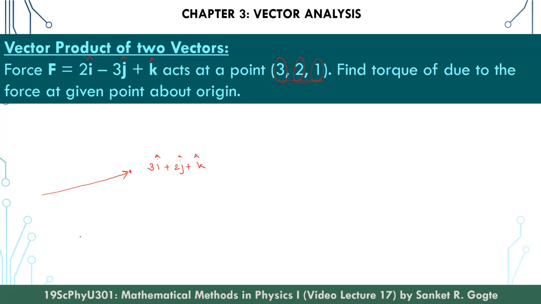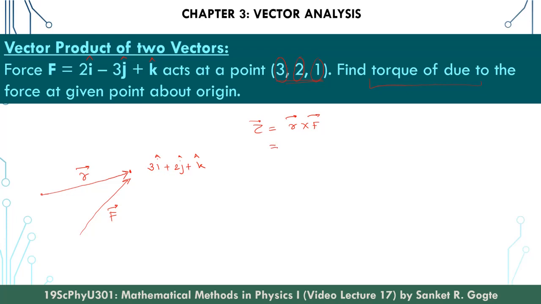Just as a representation, let me consider that this is the force, and we want to find the torque due to this force at the point. So this is vector torque, which is given by this cross product R cross F, where R is the moment arm.